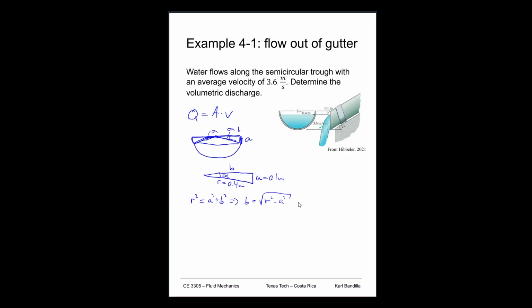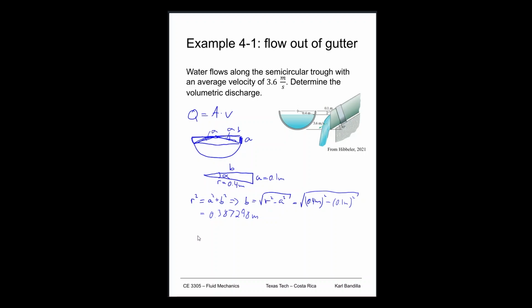In our case, that is the square root of 0.4 meters squared minus 0.1 meter squared, and that gives us 0.38729 meters. So that would be the length B up here.